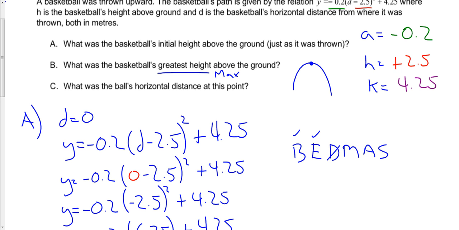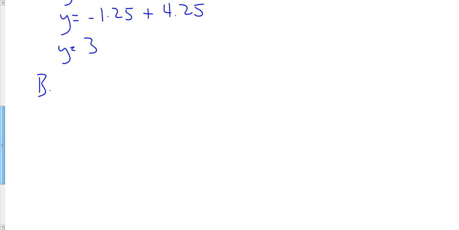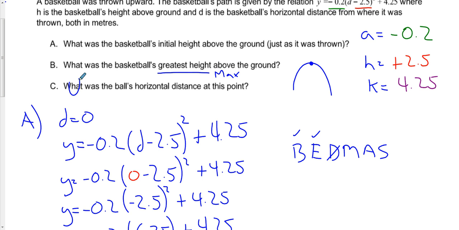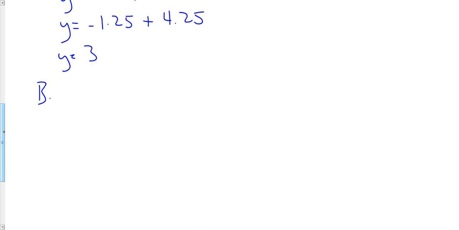And we also know that in any parabola in vertex form, the vertex is always going to be found at the h, k value.